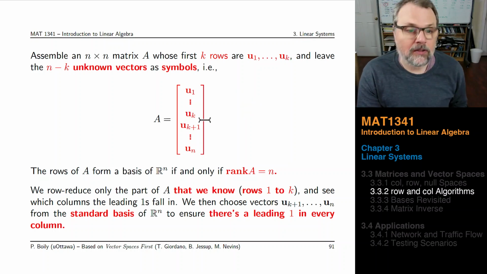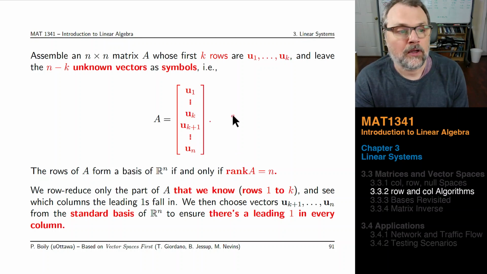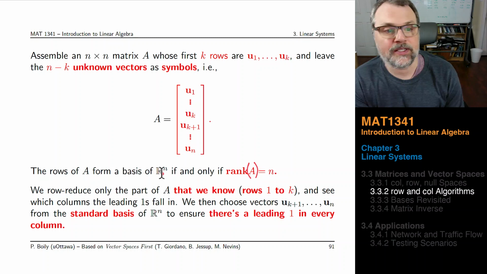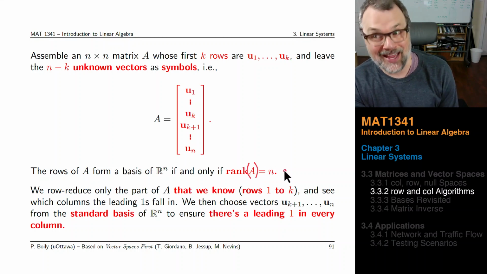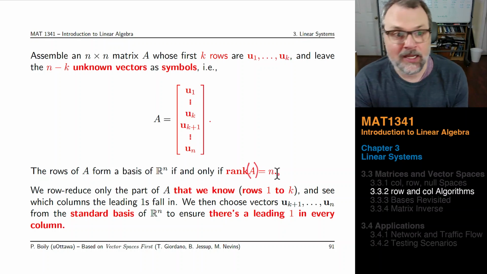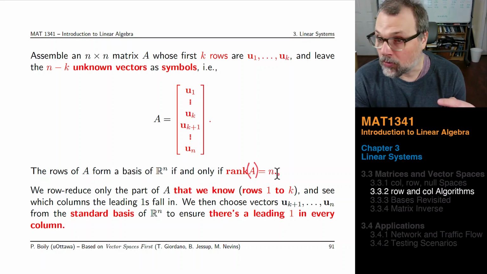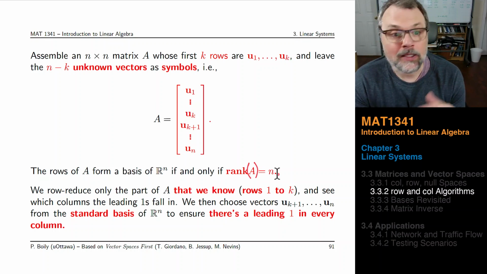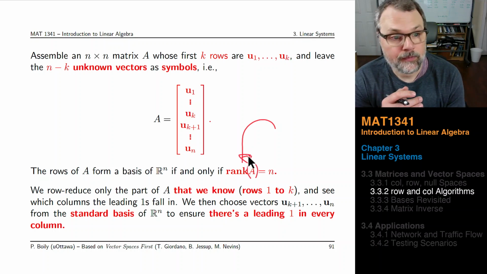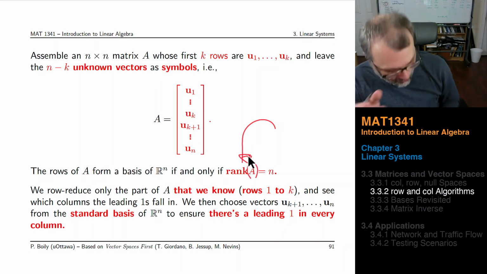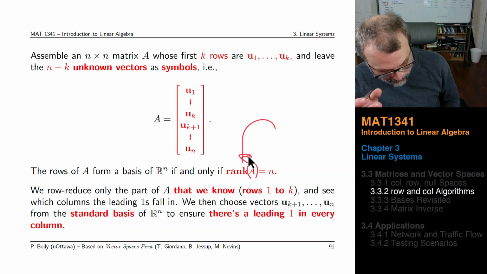We have seen that the rows of the matrix A will form a basis of Rn if and only if the rank of A is n, which is to say that every single row has a leading one in any row echelon form of A. Now we can start the process.